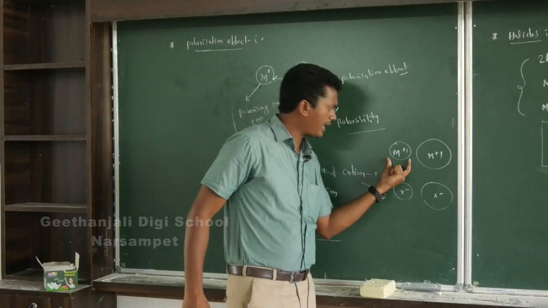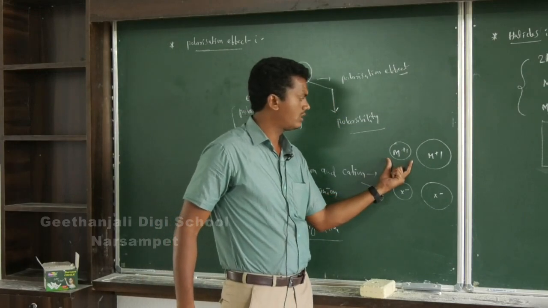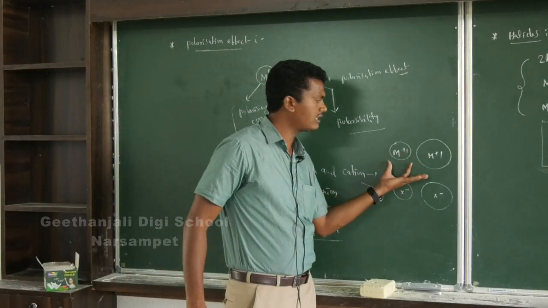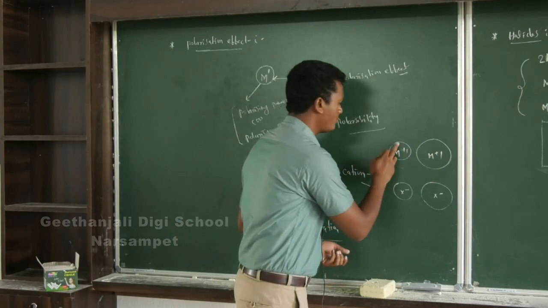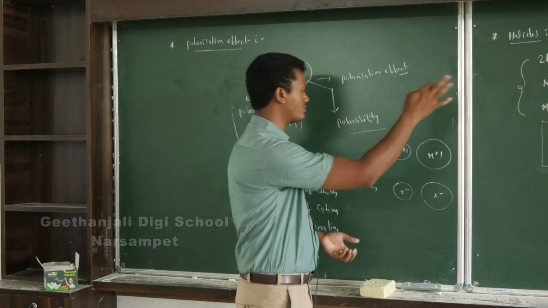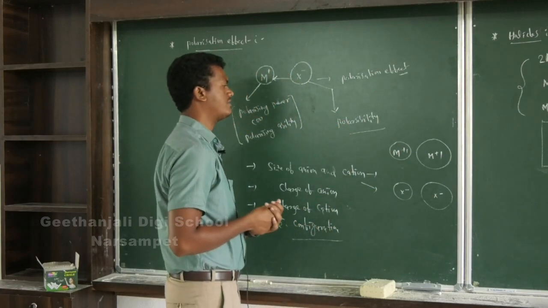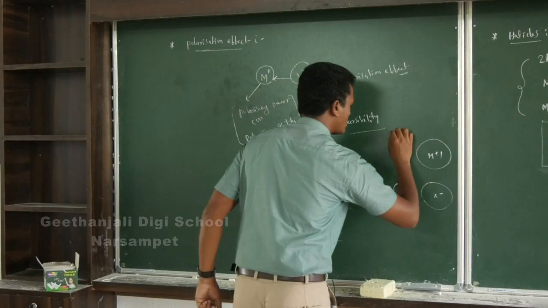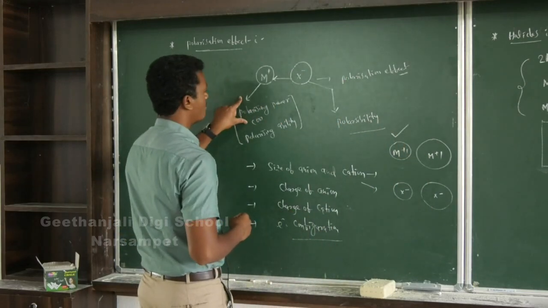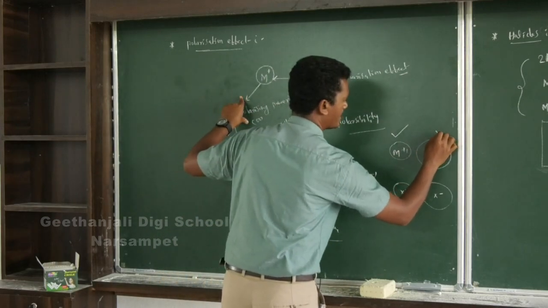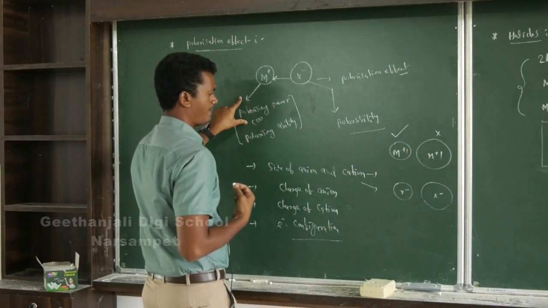Smaller the size of cation, it can disturb the electron cloud of anion very easily, because due to small size the nucleus force is more on the electron cloud of the anion. So smaller cationic size favors more polarizing power than the larger sized cation.